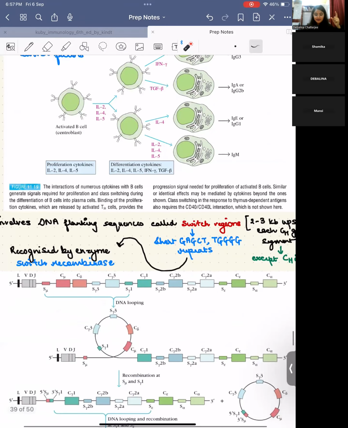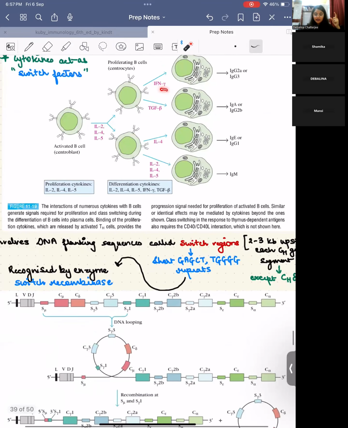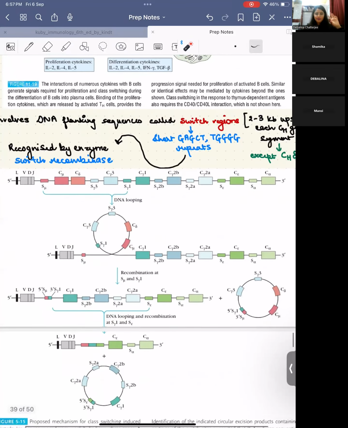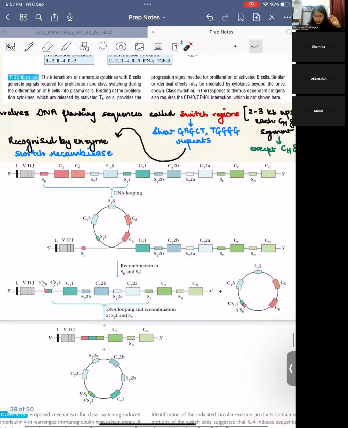What determines it is what cytokine is present in the periphery of this developing B cell, right? Let's take an example where we have the switch region of IgM, the C mu region, which ultimately codes for IgM or IgD.